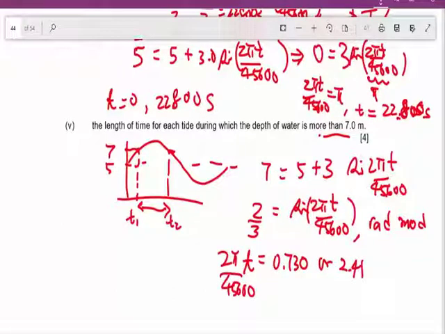The second is pi minus the first, 3.14 minus 0.73.